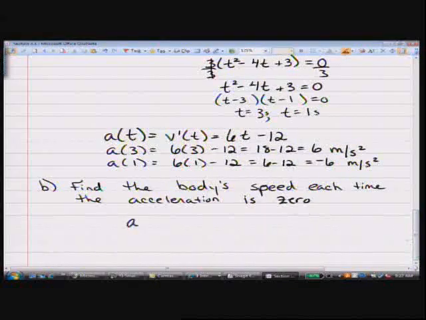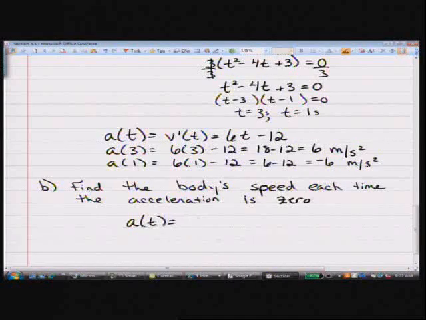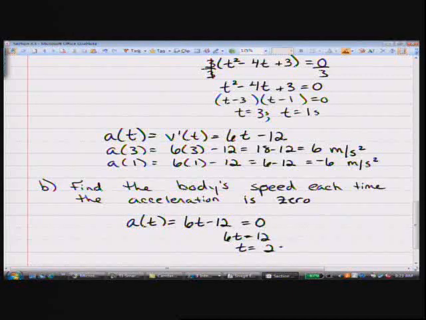Okay, so our acceleration equation was 6t minus 12. We're going to set that equal to 0. And we get 6t equals 12, or t equals 2 seconds.